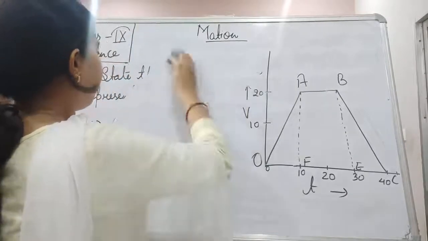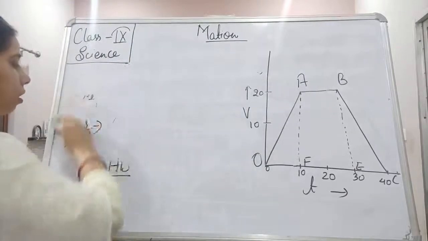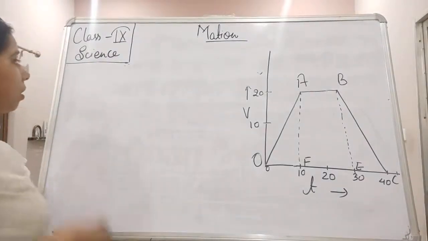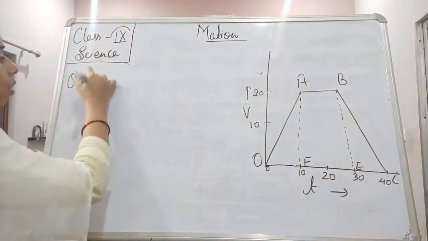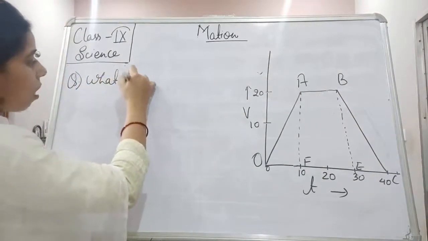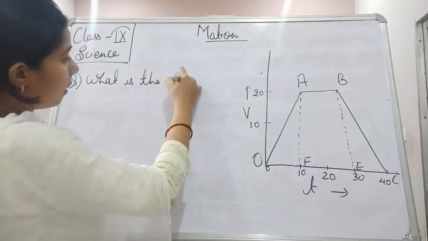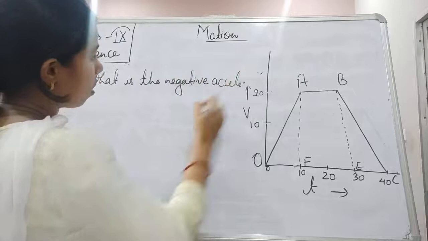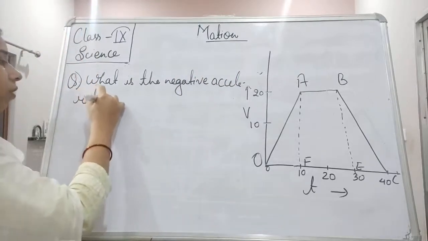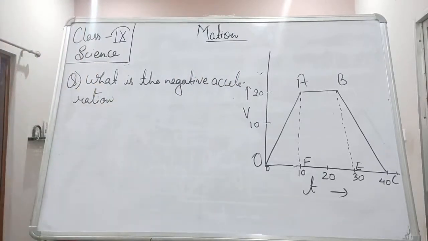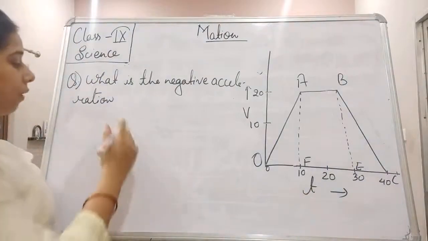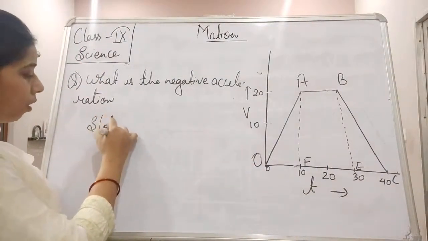So the negative acceleration will be, as you can see in the graph, the question is, what is the negative acceleration of the body? So that will be slope BC, right? So we can say slope BC.